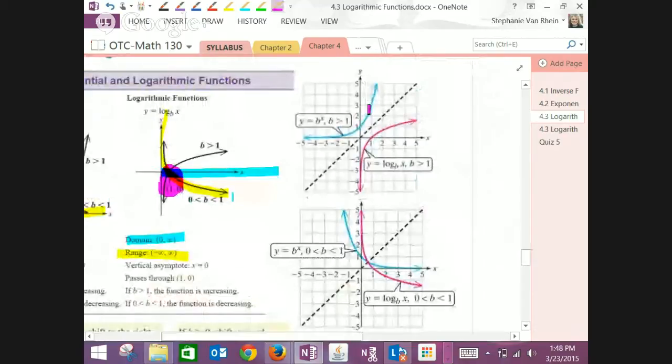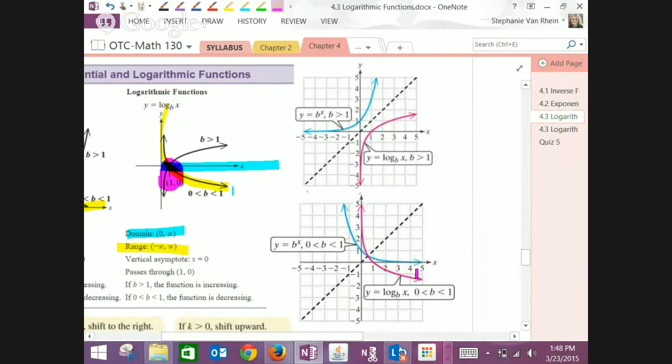So you can see here, I have an example of when b is greater than 1. And then here I have an example when b is less than 1. They will go through the same point though, this 1, 0.